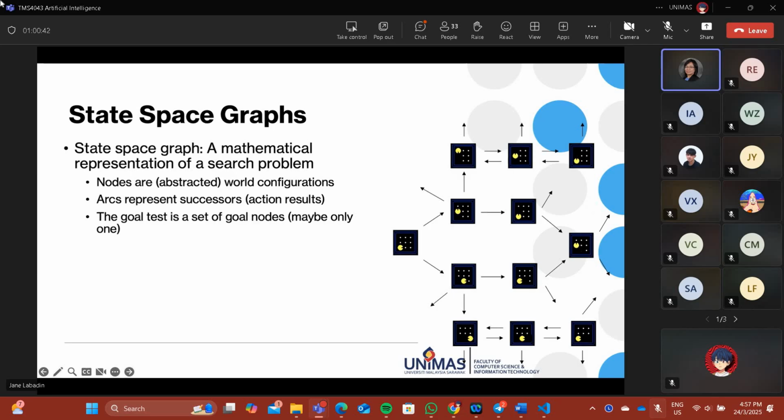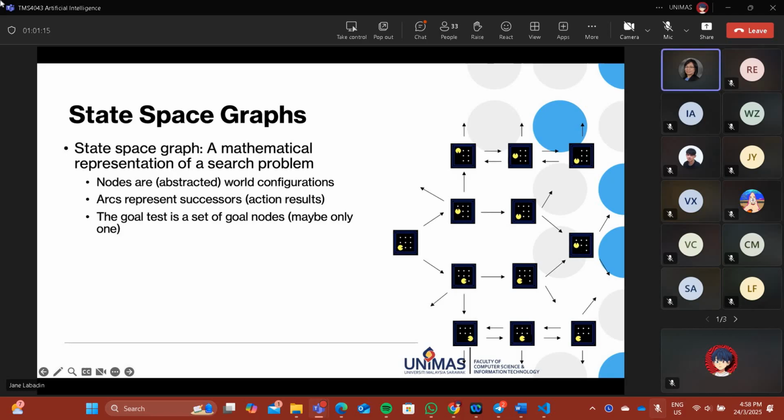So this one is putting out the nodes after you take into account the successor. You are just connecting it according to the successor that you have taken. The arc here, the arrow here, is saying that you have taken that successor, which is move to the north for this one.